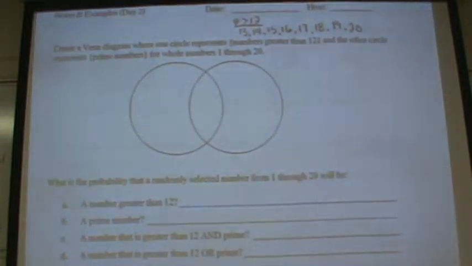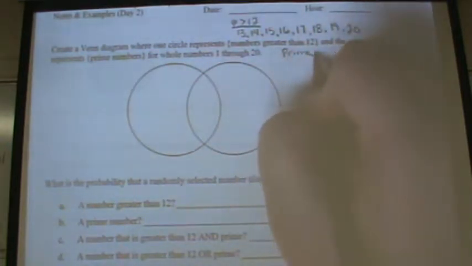So if we're thinking about numbers greater than 12 that are in 1 through 20, we're going to have 13, 14, 15, 16, 17, 18, 19, and 20. Those are all the numbers greater than 12 that are in 1 through 20.